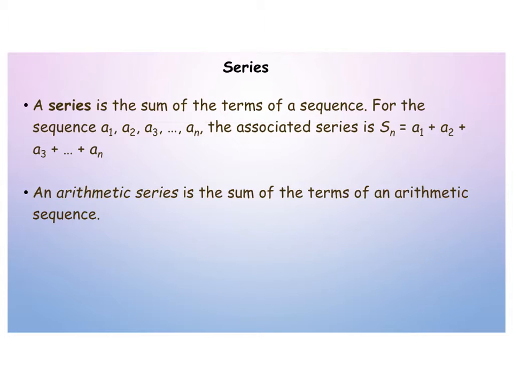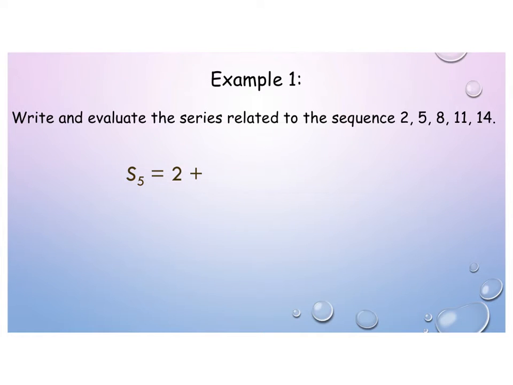A series is the sum of the terms of a sequence. So a sequence is just the list of terms, and a series is the sum of the terms. The arithmetic series is the sum of the terms of an arithmetic sequence. Write and evaluate the series related to this sequence.